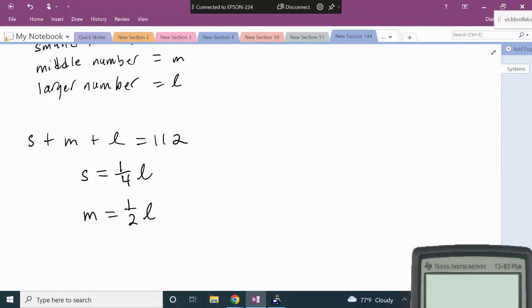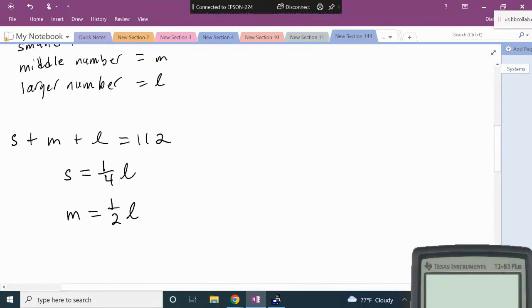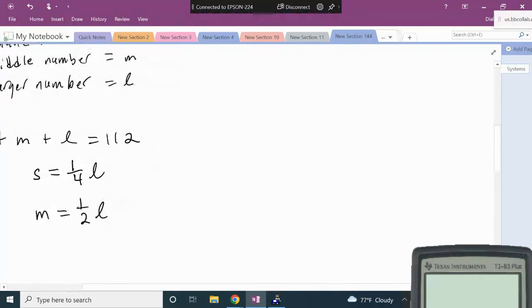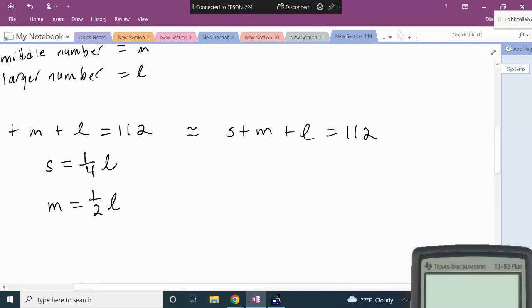So this is what I'm going to do. Our first equation is going to stay the same: S plus M plus L is equal to 112. For the second equation, I have to get all of my variables on the same side. I'm going to subtract S from both sides of the equation.